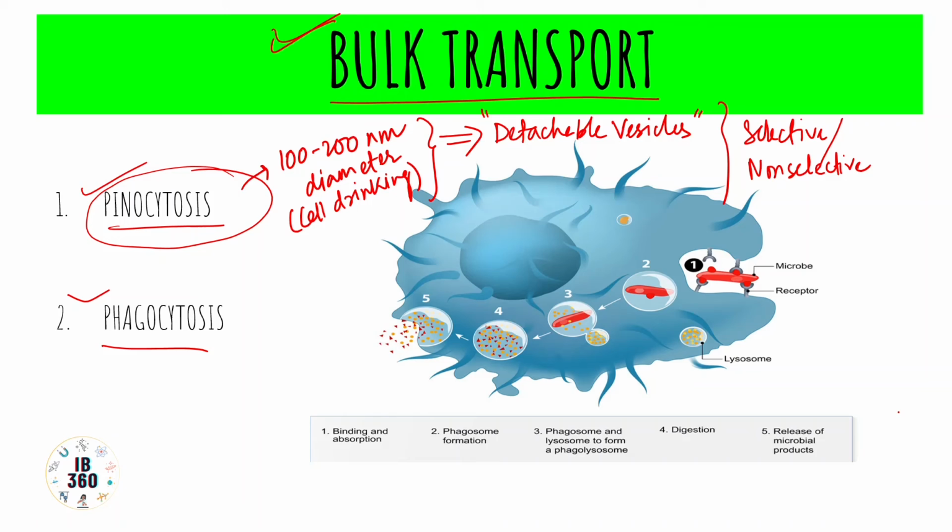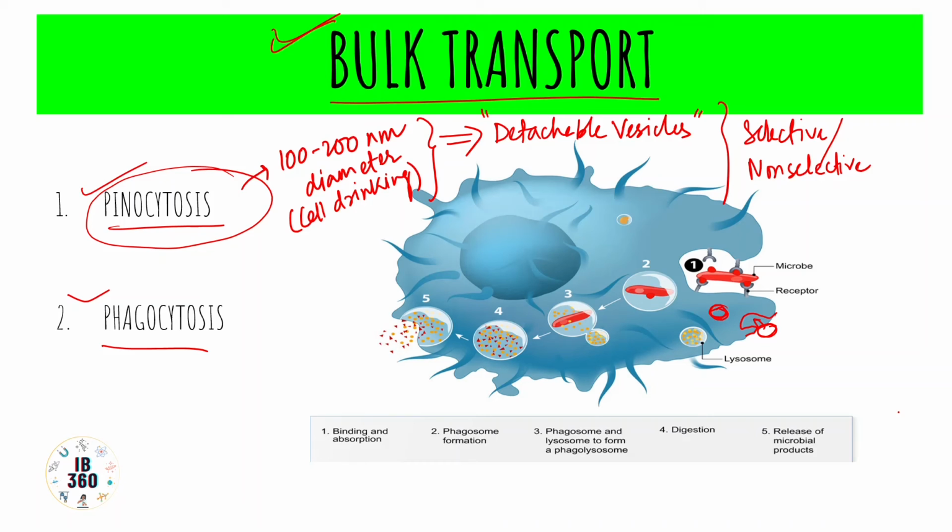As soon as solute or ligand particles form complexes with receptor sites, the plasma membrane invaginates. This picture is of phagocytosis, but the mechanism is similar. So the plasma membrane will form an invagination like this, and the substance will be swallowed in, and then the plasma membrane will be pinched off, something like this.